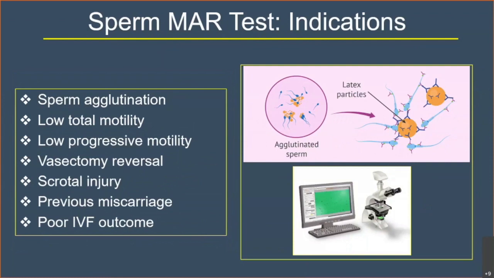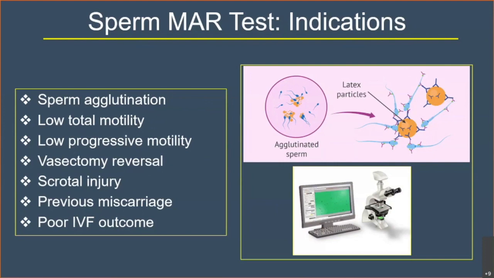So this slide illustrates the indications for sperm MAR test. So the most important indication is sperm agglutination, which could be mild, moderate, or severe. And on the right side, you can see on the illustration the presence of sperm that are agglutinated to each other. The second is low total motility, low progressive motility, vasectomy reversal.